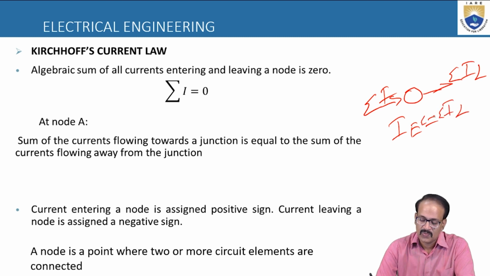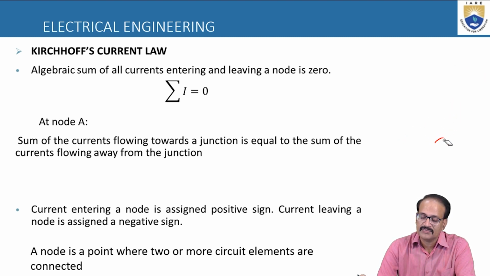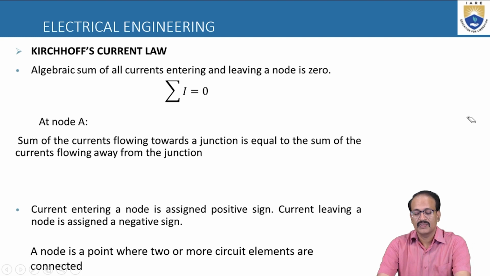Or entering currents plus leaving currents is equal to 0. Or we can simply say that the algebraic sum of the currents at a junction or a node is equal to 0.